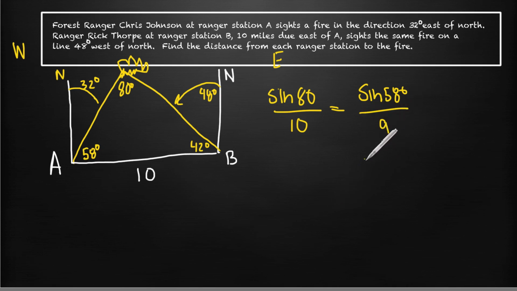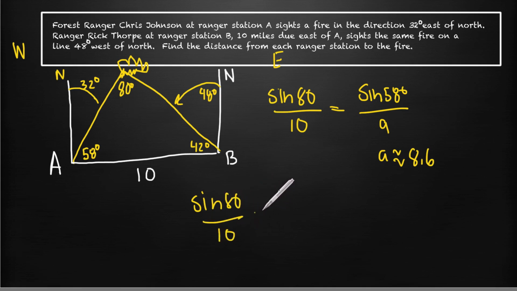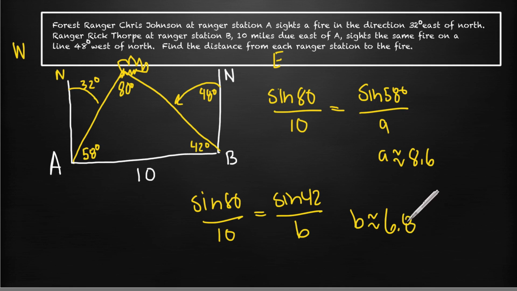Cross multiply, and little a will come out to be approximately 8.6. And then we'll do the same thing. We'll do sine of 80 over 10 is equal to the sine of 42 over little b. And we cross multiply, and we'll get little b to be 6.8. And that is the distance each ranger is from the fire.